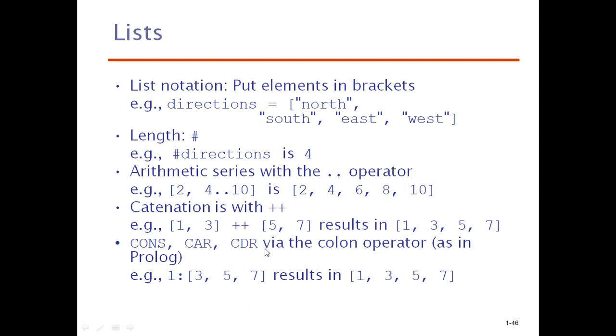CONS, CAR, CDR via the colon operator, as in Prolog, will be used here. Anyhow, we will see the Prolog programming language in the logic programming section. The example is like this: 1 : [3, 5, 7] results in [1, 3, 5, 7]. That means 1 will be added at the beginning of the list.